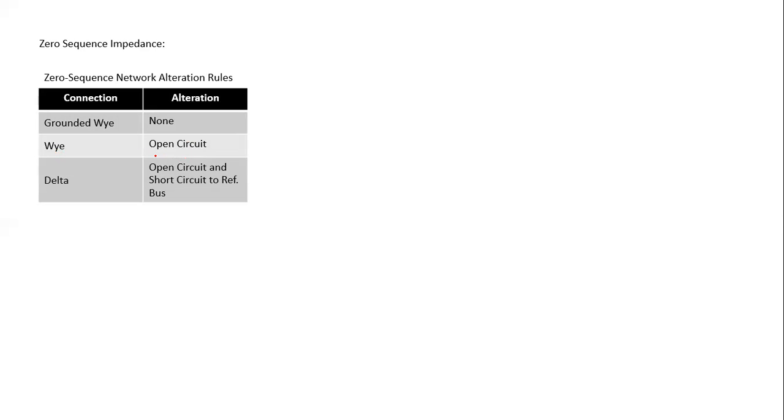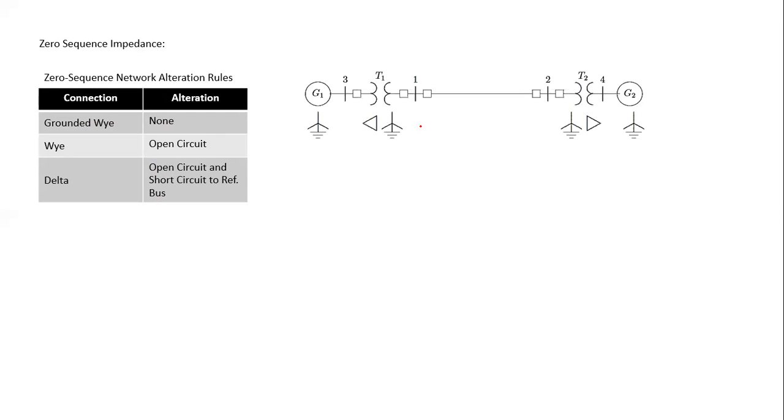And for a delta, we replace the connection with an open circuit, and then we short circuit that connection to the reference bus. To illustrate these rules, let us consider the given. A generator is grounded Y, so there is no alteration.